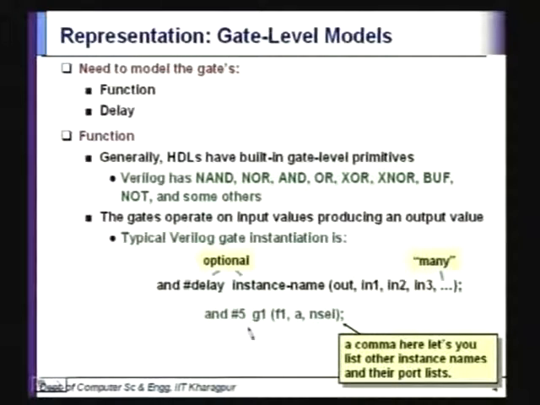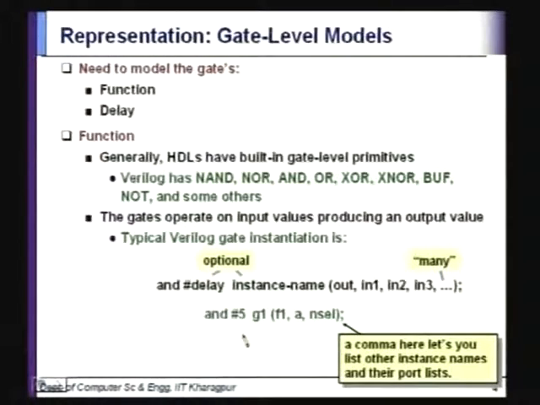So you can have 2 input, 3 input, 4 input, as many inputs as you want. And then if you want to specify more than one instance, as we have seen previously, instead of giving the semicolon, you give a comma and then add the other gate names and then finally put the semicolon, just like variable declarations. Is that clear?